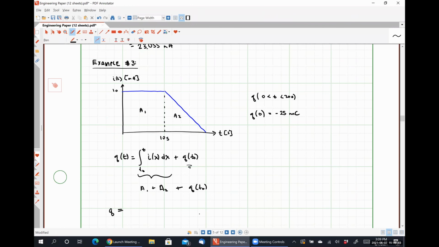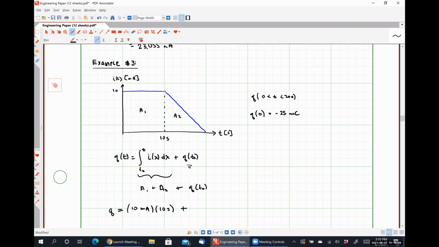It's a rectangle. Can we agree on that? What's the equation for the area of a rectangle? 10 milliamps times 10 seconds. All right, so that is A1.